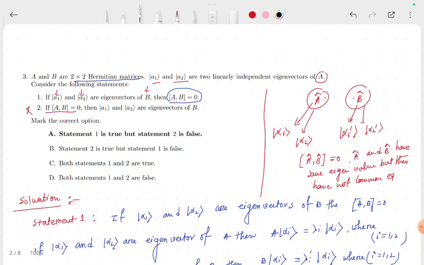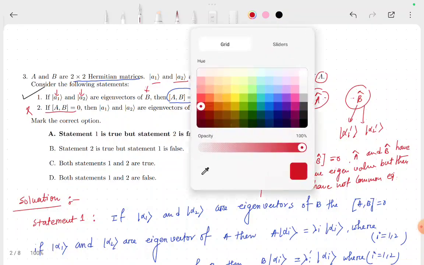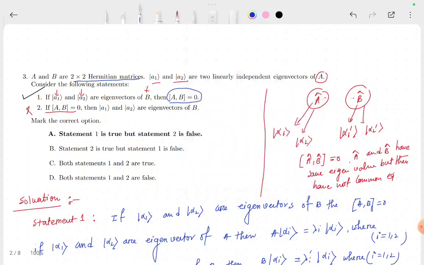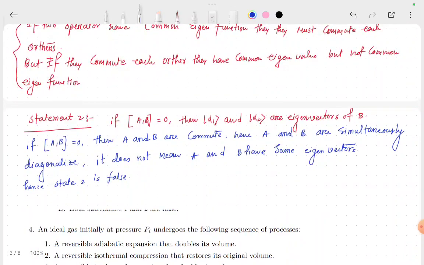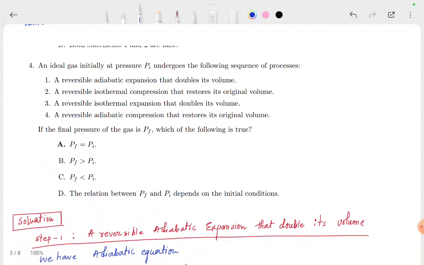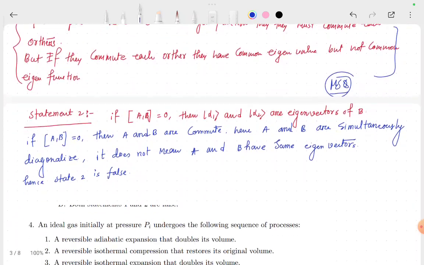That's why statement 1 is false. Please remember this important statement. It is very important for JAM examinations, for MSQ type questions.